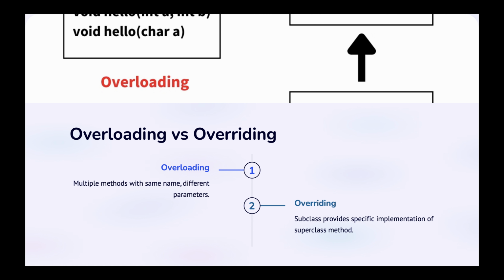Cool. Now method overriding. A subclass provides a specific implementation for a method already defined in its superclass. Example, there is a class Animal with a void sound method.